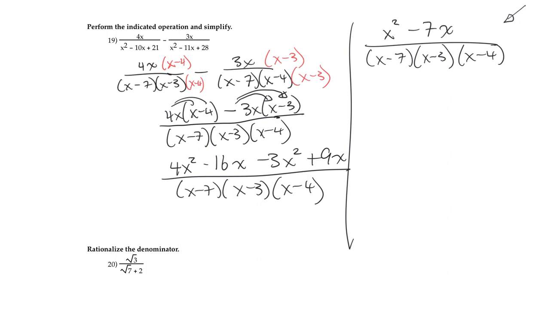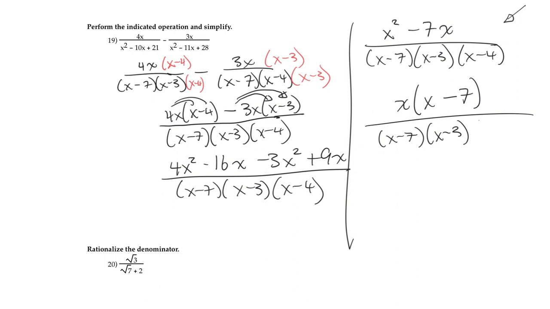But the top, you could factor that to x and x minus 7, taking out a common factor of x, over the common denominator. And when you do that, in this particular case, I do have a common factor on top and bottom that I can eliminate. So my answer should be x over x minus 3, x minus 4.